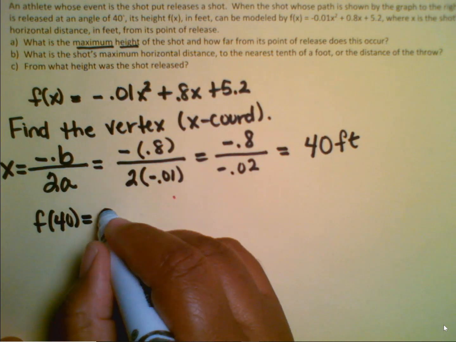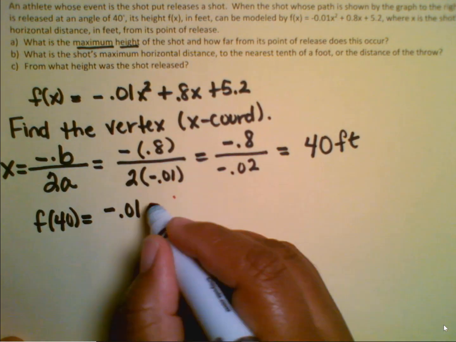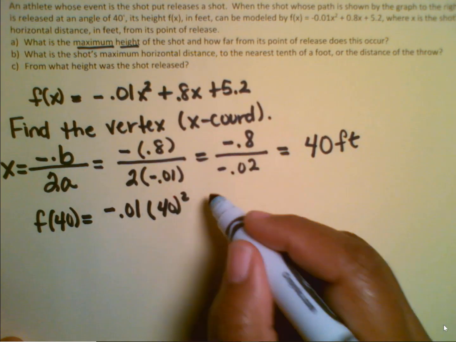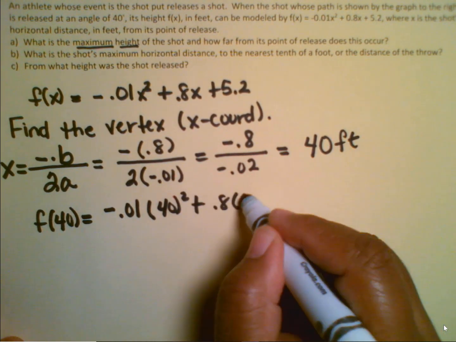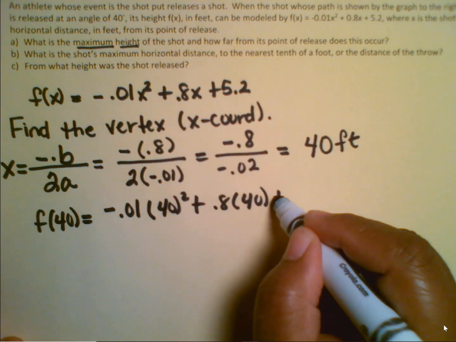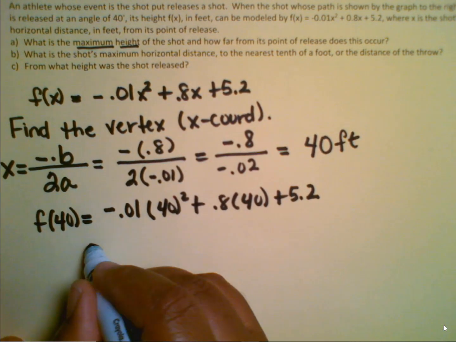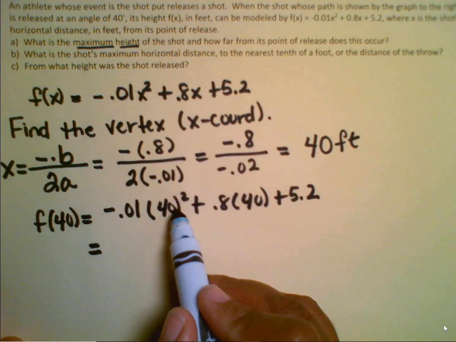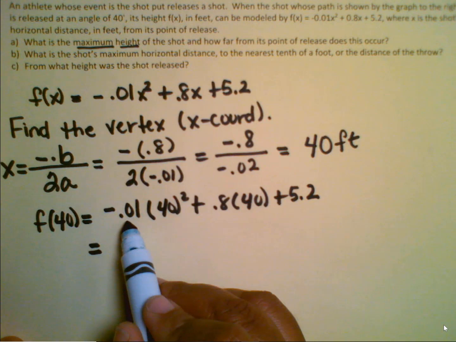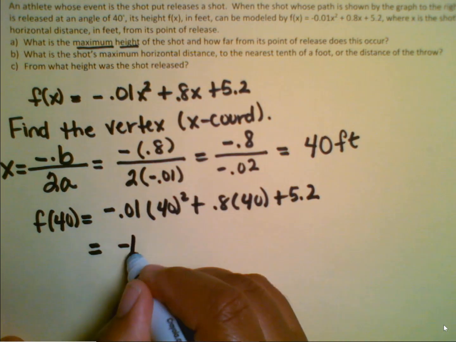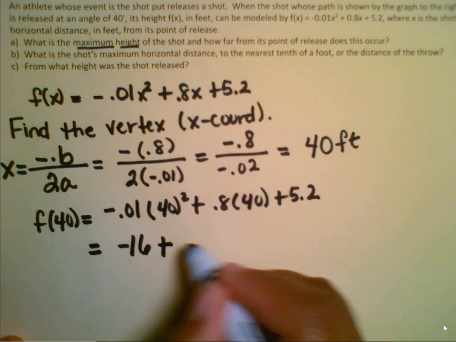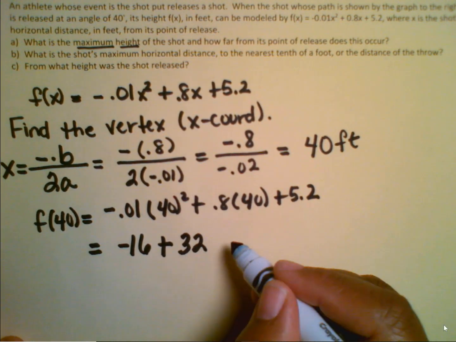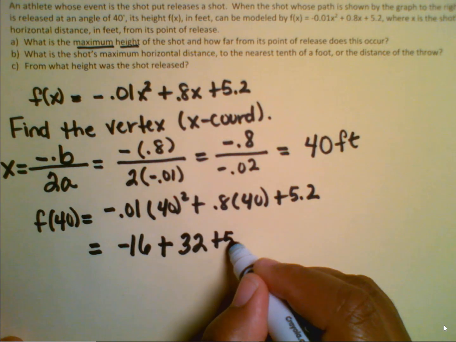We have negative 0.01 times 40 squared plus 0.8 times 40 plus 5.2. And then you're going to have 40 squared, which is 1600, times negative 0.01. That would give us negative 16, plus 0.8 times 40 is 32, and then plus 5.2.